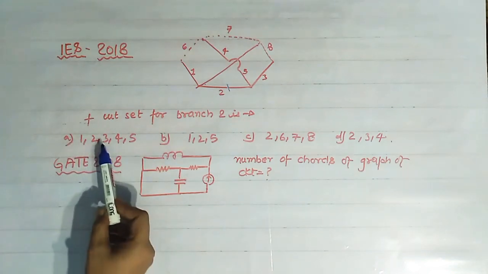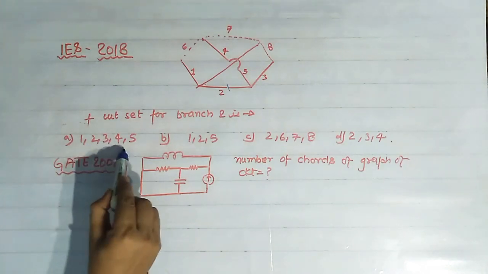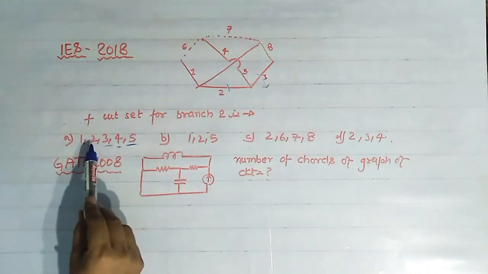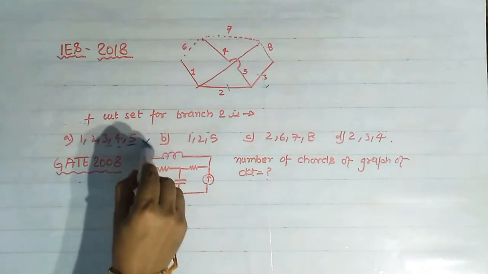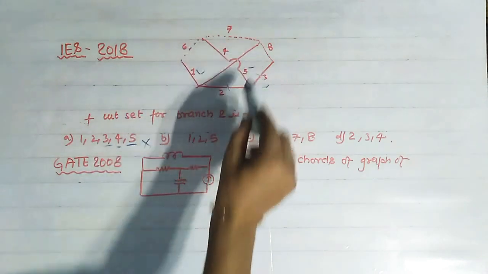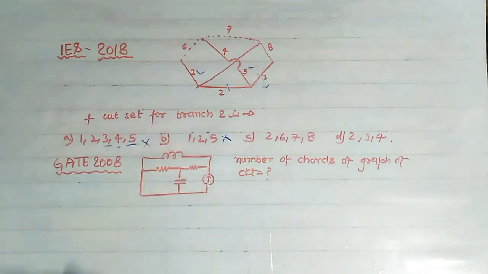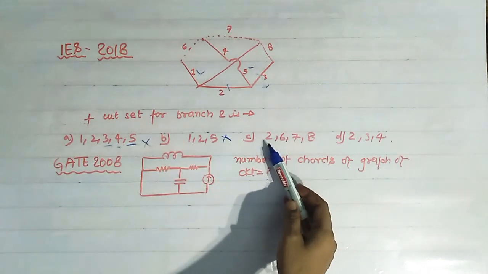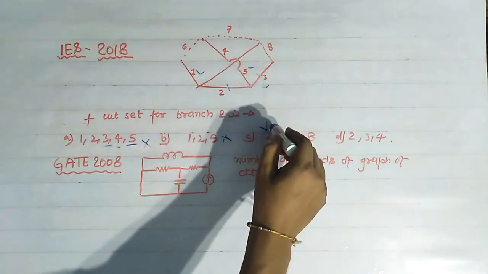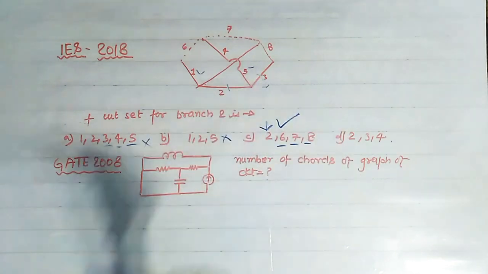In option 1 this is 3, 4 and 5, these are all twigs, so it contains more than one twig, that's why it is not correct. Now take 1 and 5, here 1 and 5 are twigs, that's why it is also not correct because it includes more than one twig. Now take this option, here 2, 6, 7 and 8, it contains only one twig and the remaining are links, that's why this option is correct.